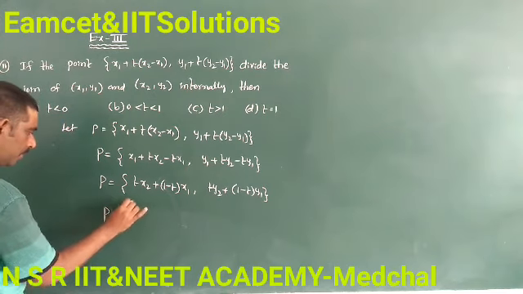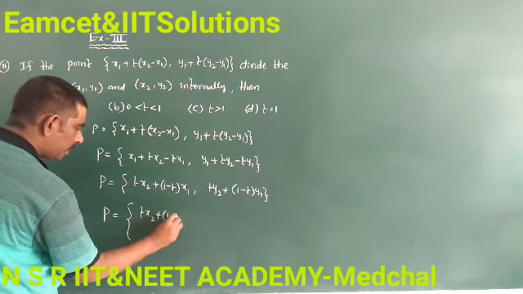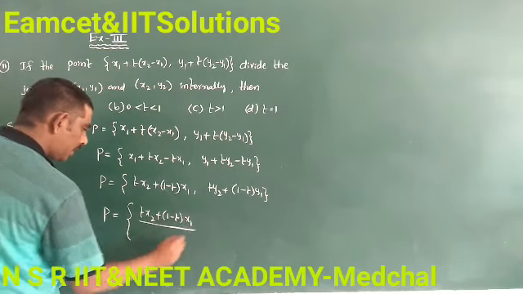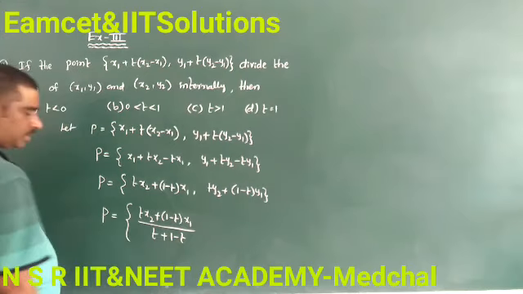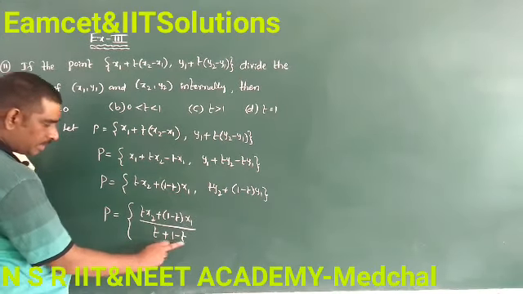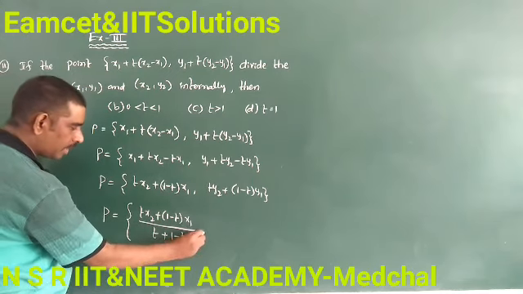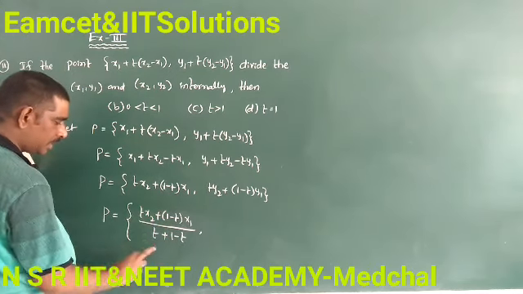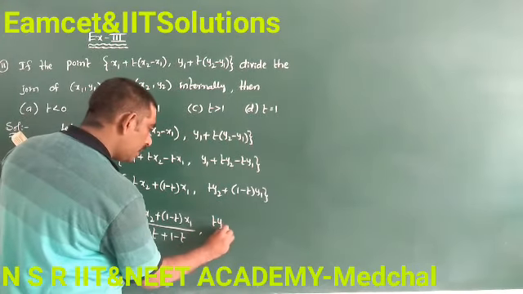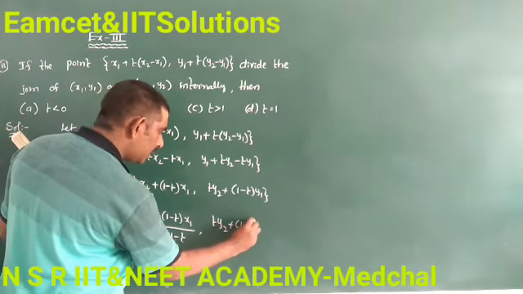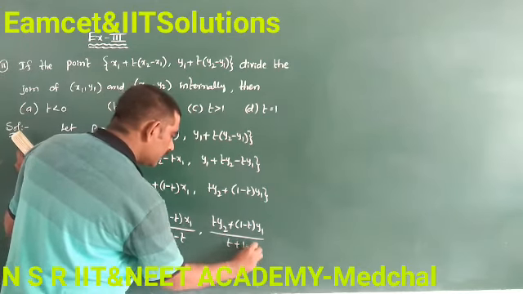Now the point p we can write as t x2 plus (1 minus t) x1 by t plus (1 minus t); plus t minus t cancels, we get 1, and something by 1 is the same value. So this can be written as t plus 1 minus t. So here also t y2 plus (1 minus t) into y1 by t plus (1 minus t).